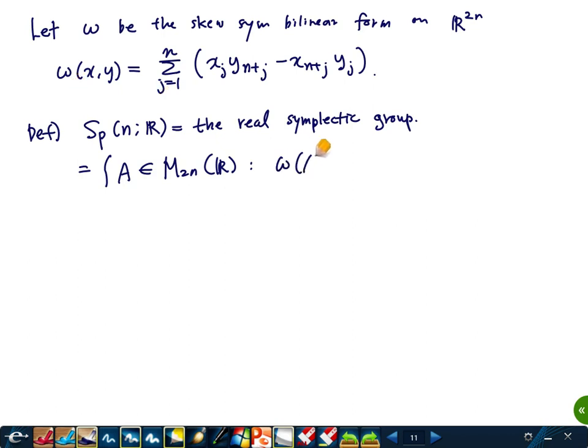So omega(Ax, Ay) equals omega(x, y) for all x, y in R^2n.